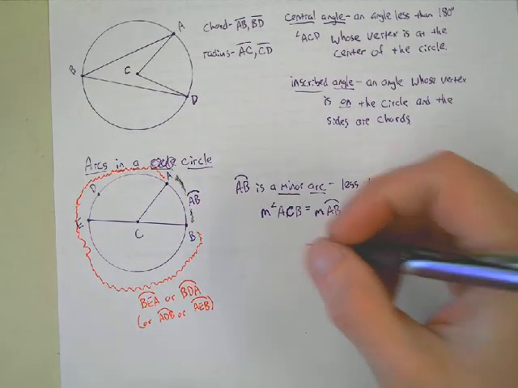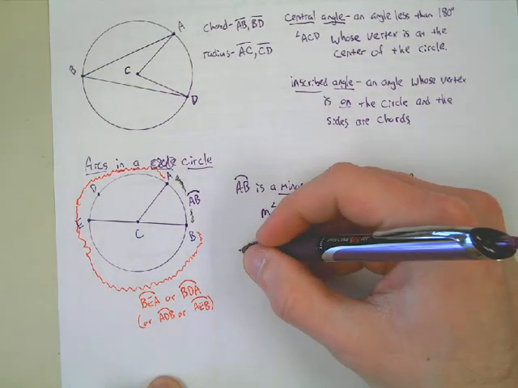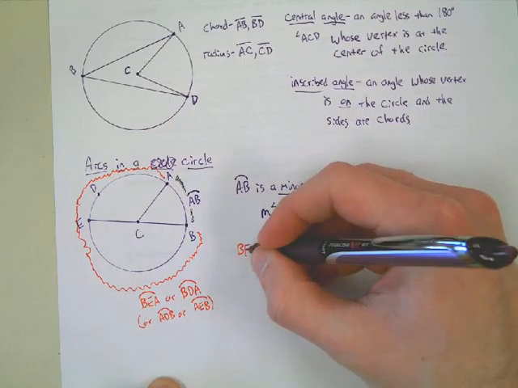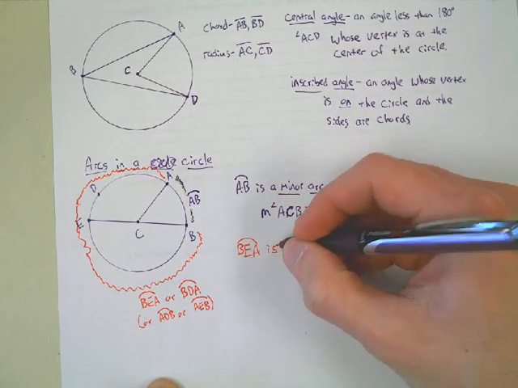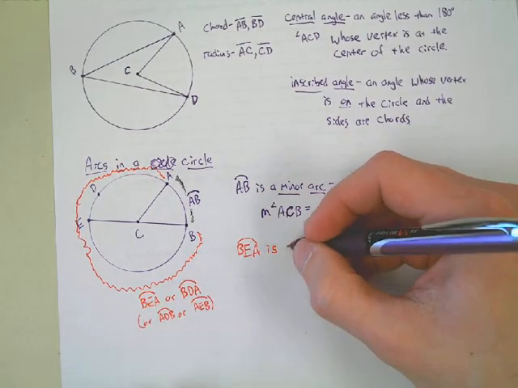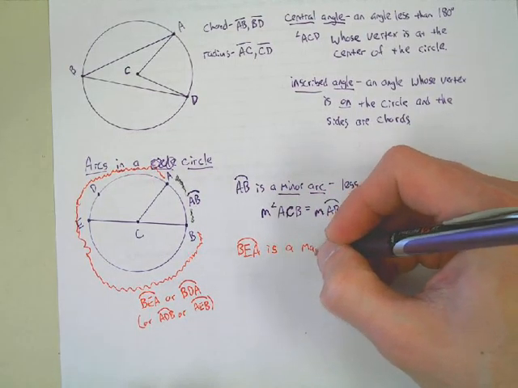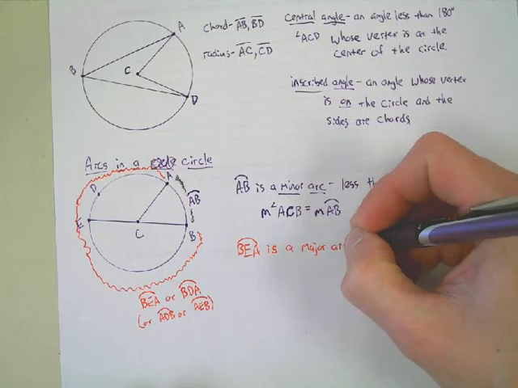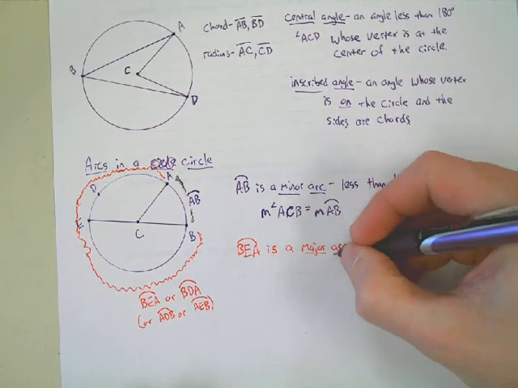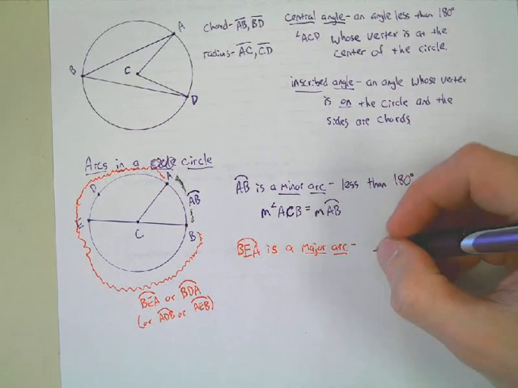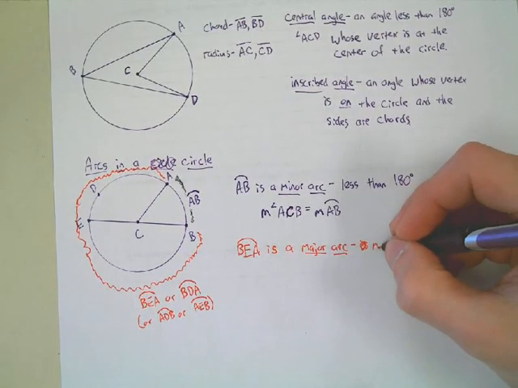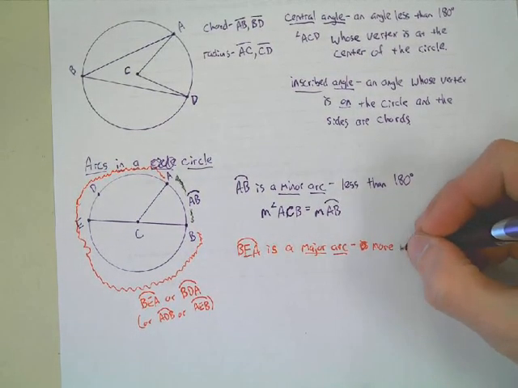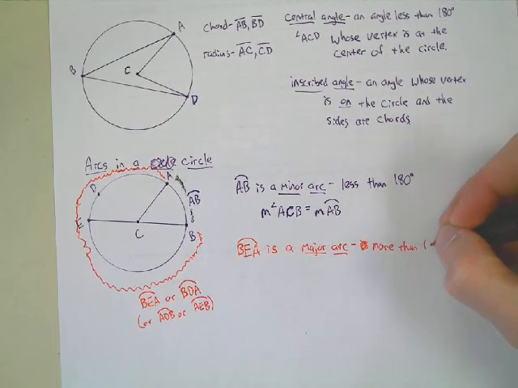Major, exactly right. It's a major arc. The minor league and the major league. So arc BEA is a major arc. And it is more than 180 degrees.